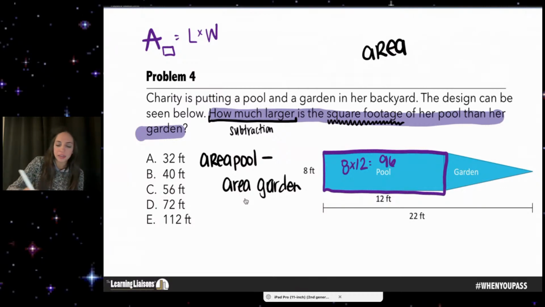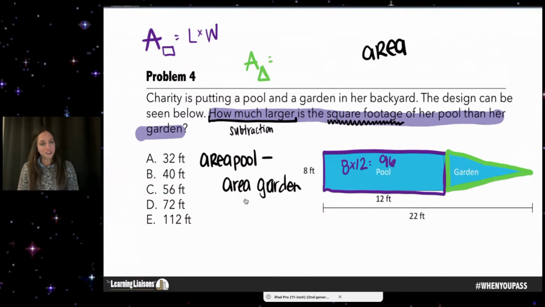Now I need to find the area of this triangle right here. What is the formula for area of a triangle? 1/2 base times height.